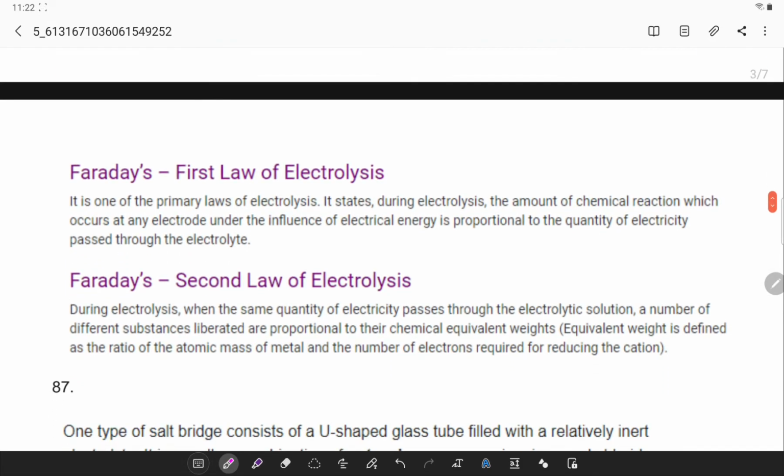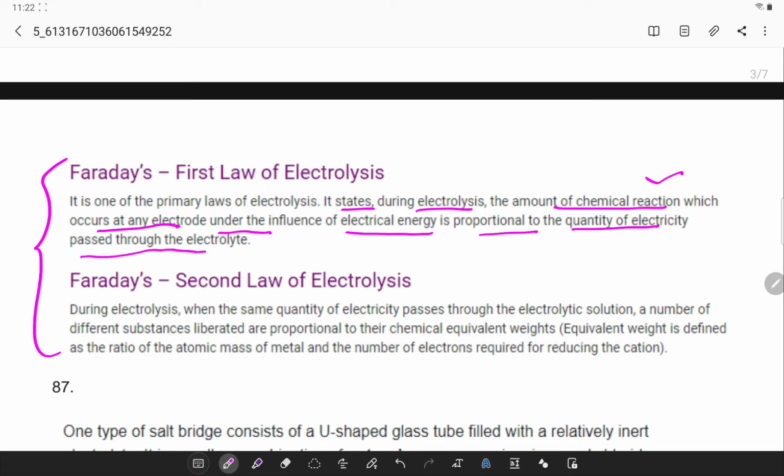These are the first two laws I was telling. The first law states that during electrolysis, the amount of chemical reaction which occurs at any electrode under the influence of electrical energy is proportional to the quantity of electricity passed through it. So W is proportional to Q, or you can write W is ECT.